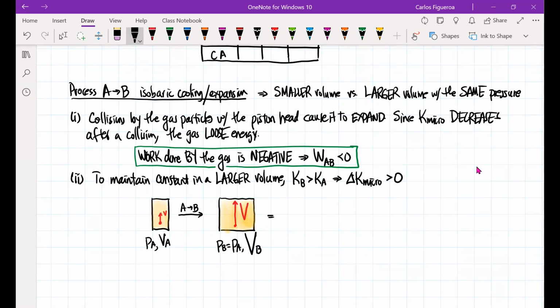So once again, that tells me that the microkinetic energy, or I can also write that as the energy of B, has to be greater than the energy at A. We've already said that, but now we have a picture.